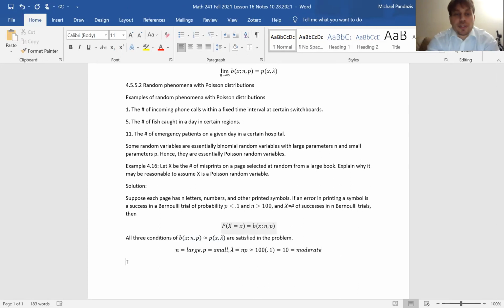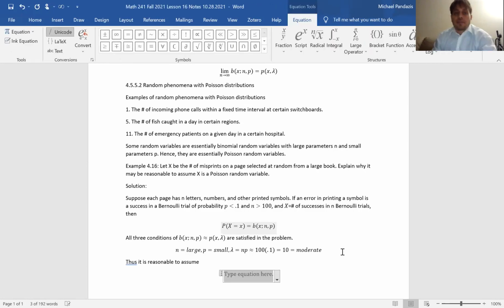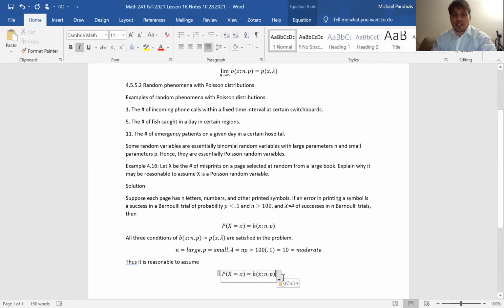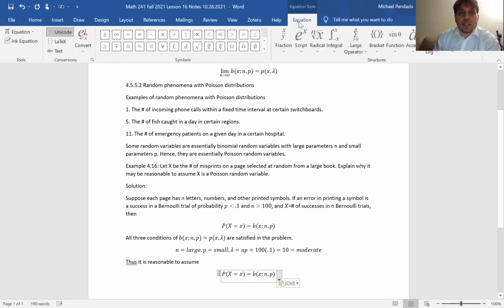Okay, so thus, it is reasonable to assume that the probability of capital X equaling some fixed value little x is equal to this, but also that it is approximately equal to the value of the Poisson distribution.